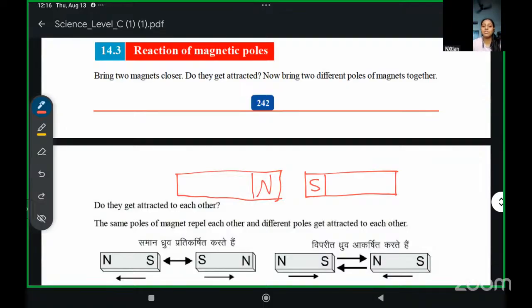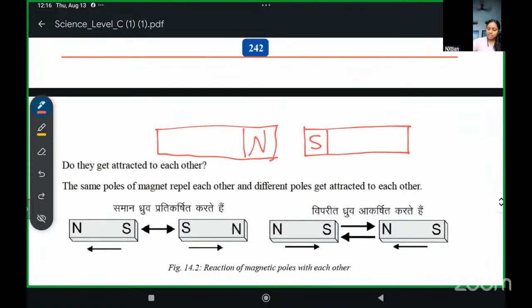They will attract, meaning they will stick together. So when I bring two magnets with different poles close, north pole and south pole, they will attract each other.